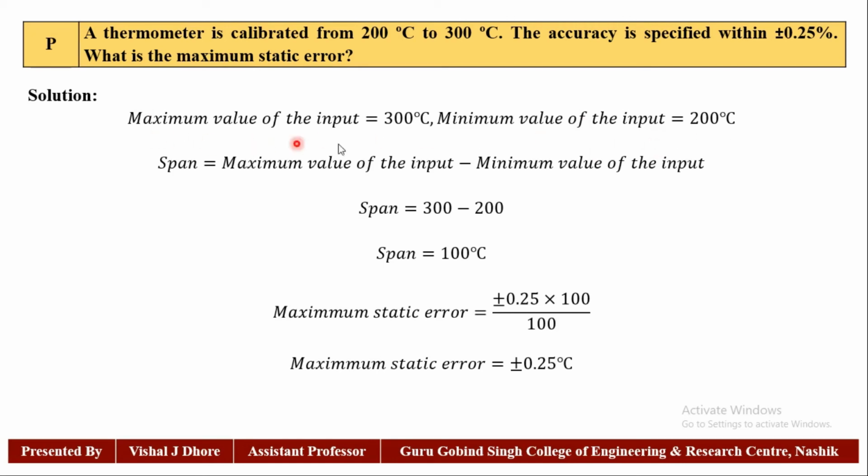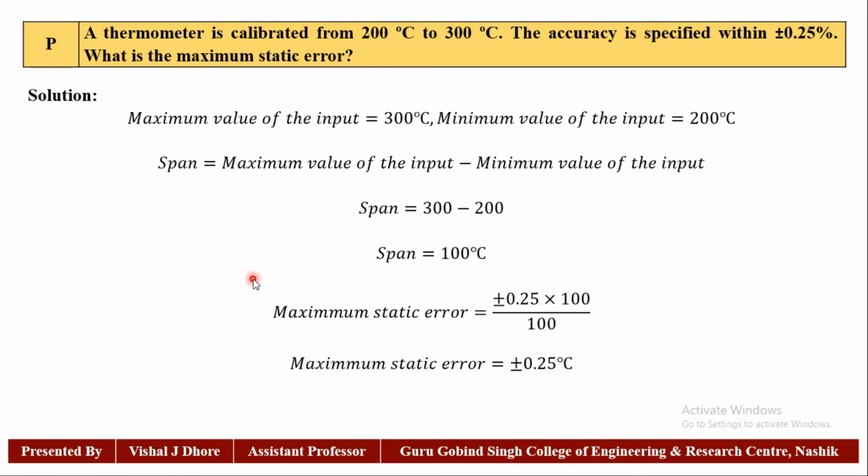From these two values, first of all, we can calculate the span. The span formula is span equals maximum value of input minus minimum value of input. So span equals 300 minus 200. So the span is 100 degrees Celsius.